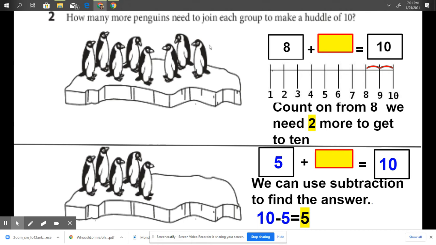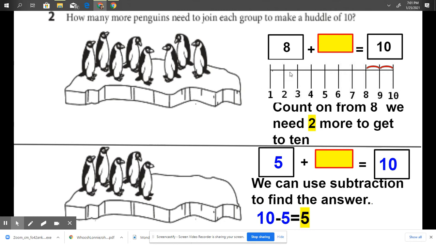I've got 8 penguins on the ice now, but it told me I need to get 10 penguins. So not add 10 to it, to have a total of 10. We only have enough ice for 10 penguins. So how many more penguins are going to get up on that ice?